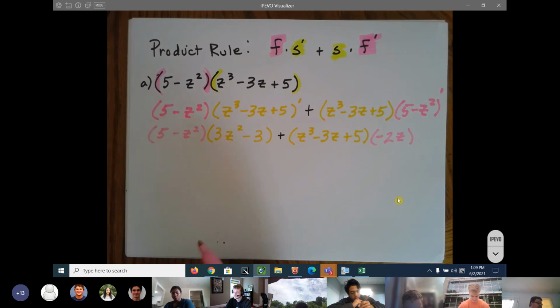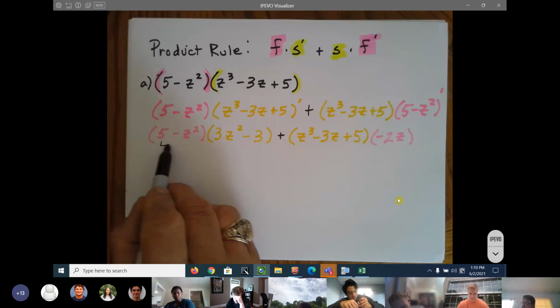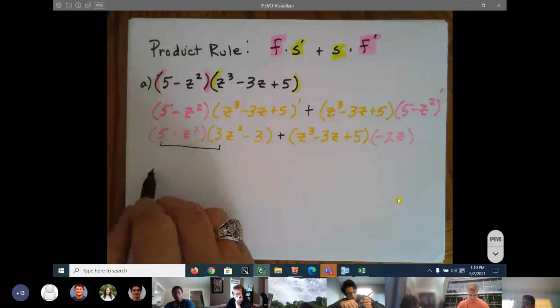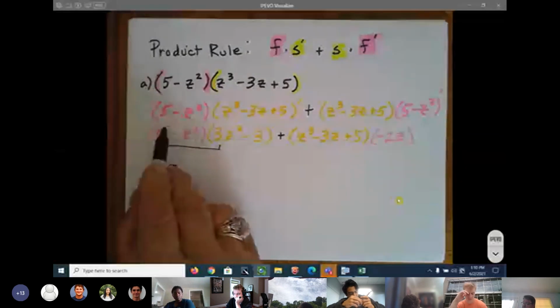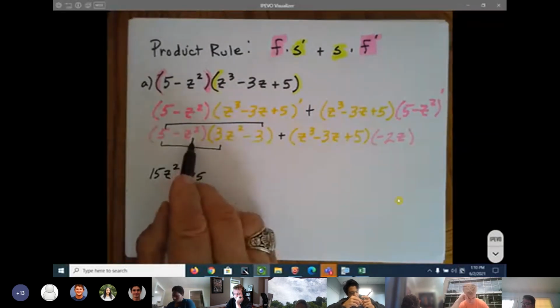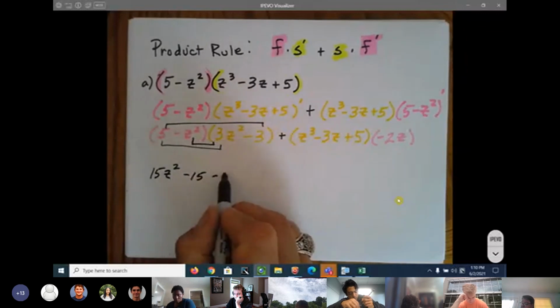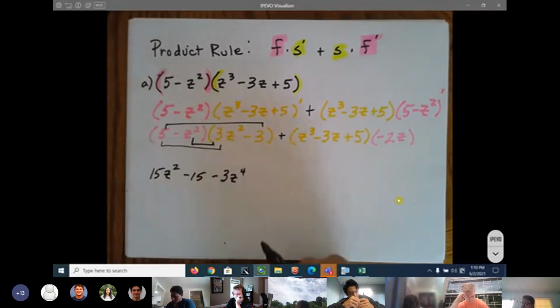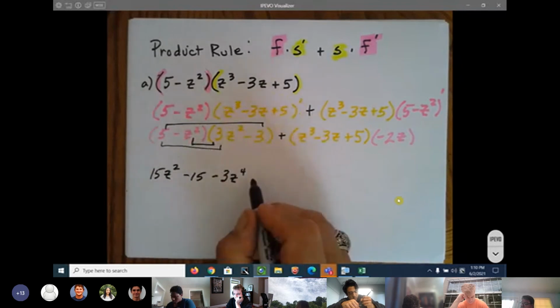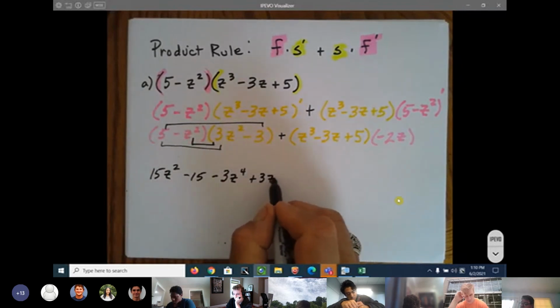All right, I still don't like that pink. Let me do this pink. Well, I'm going to do black because I'm putting them back in first. That's 15z squared, outer minus 15, inner negative 3z to the fourth, and last, positive 3z squared.